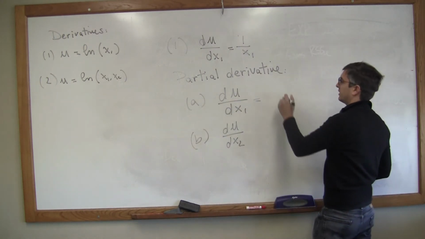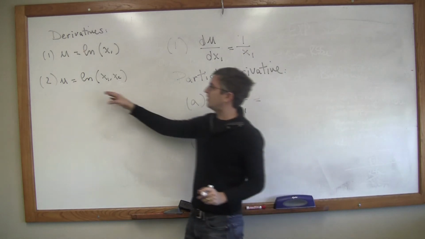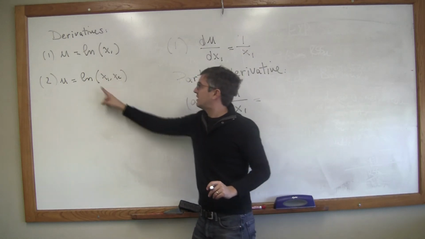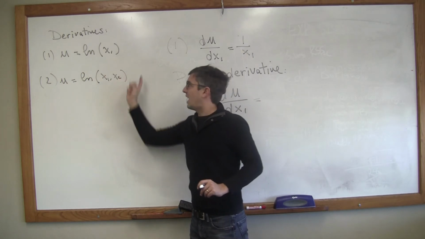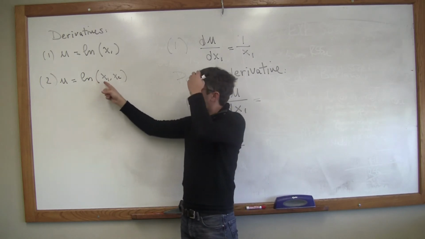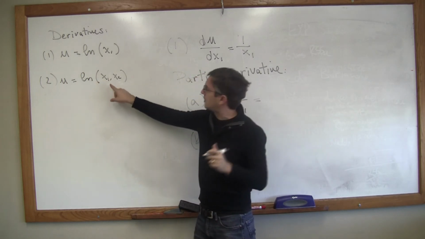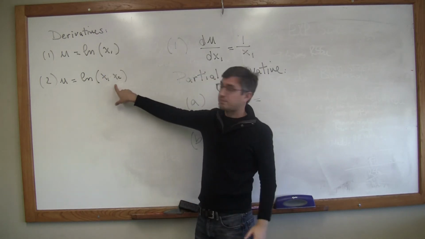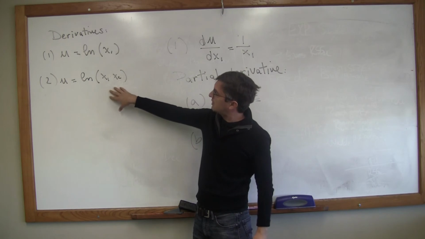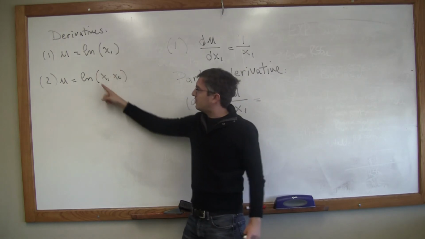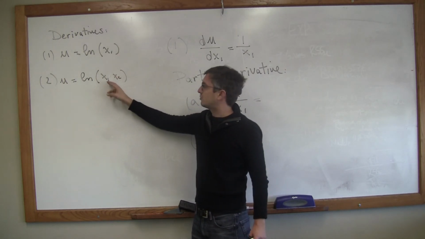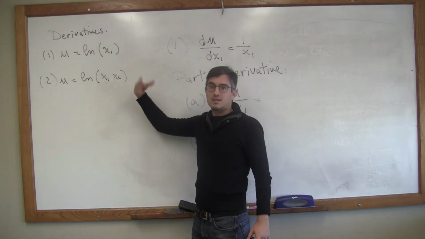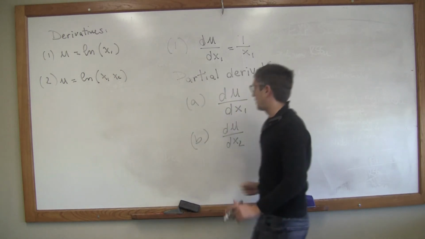The chain rule is going to be as follows. First, you have the log of something, the outside function, which in this case is x1 times x2. The second part is the derivative of the inside function, x1 times x2, with respect to x1.